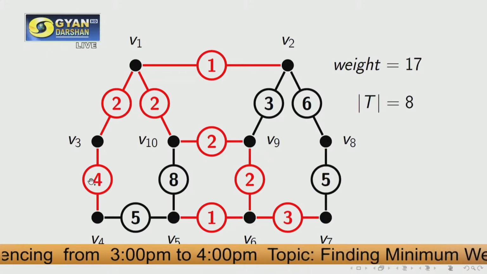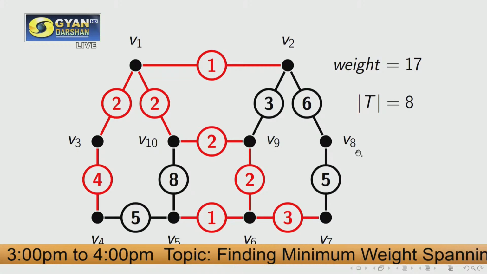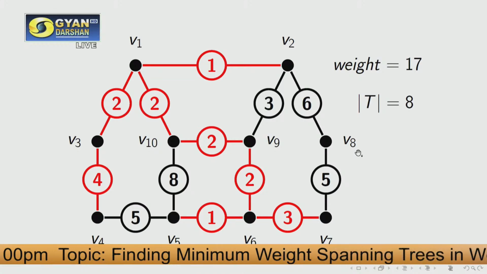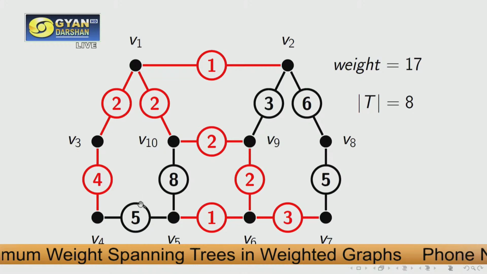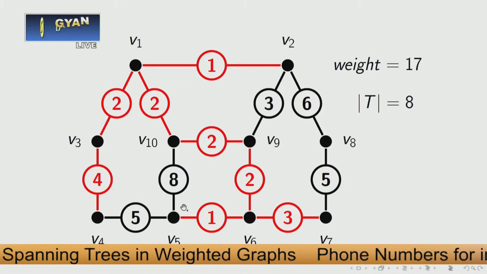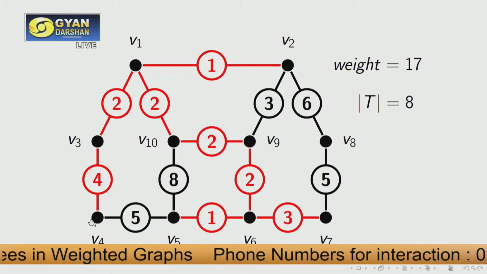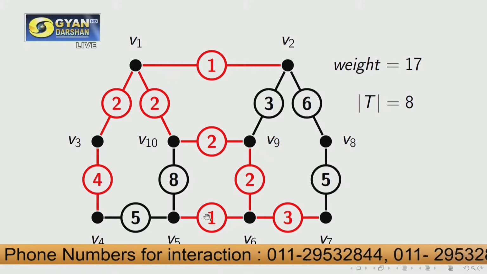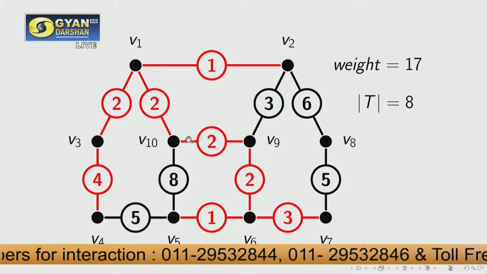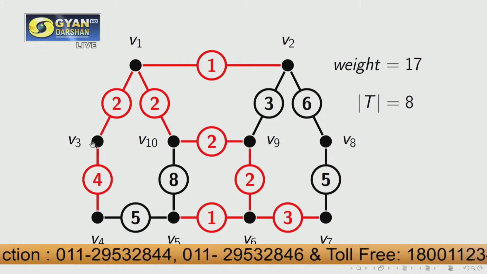Okay, so now there is one more edge we have to select. We cannot select V2 V9, we cannot select V4 V5 also, because it will create another cycle, and that cycle will be V4 V5 V6 V9 V10 V1 V3, right?